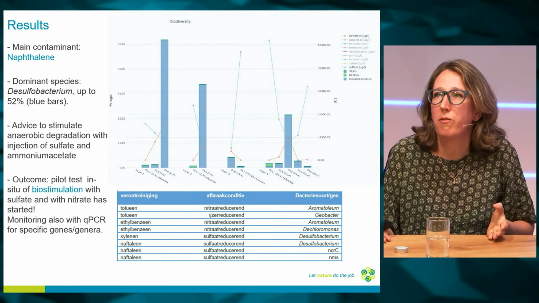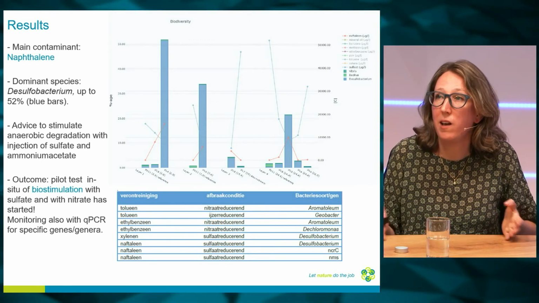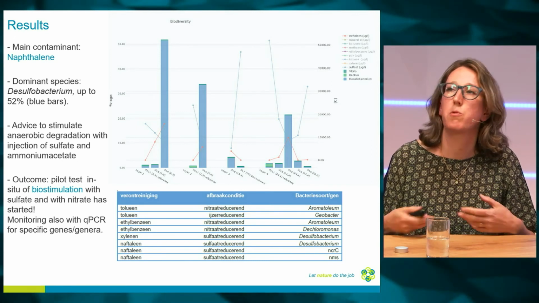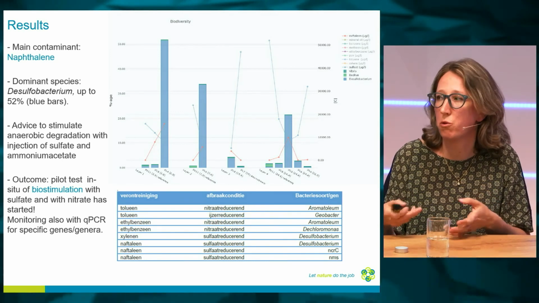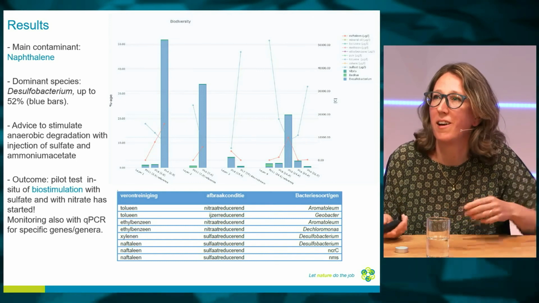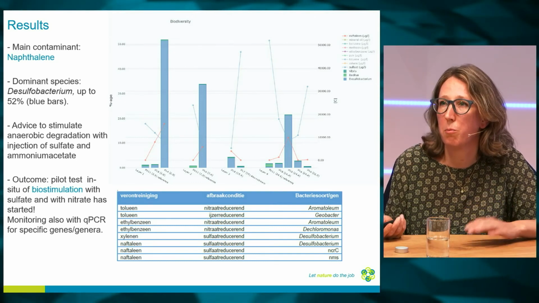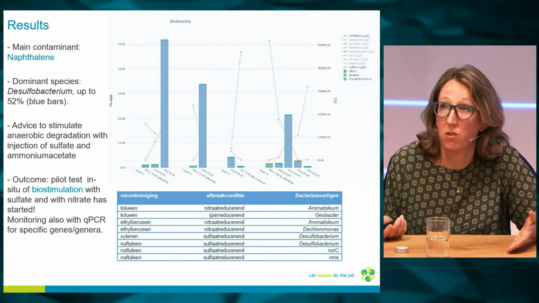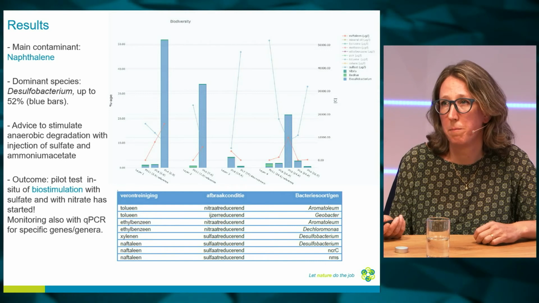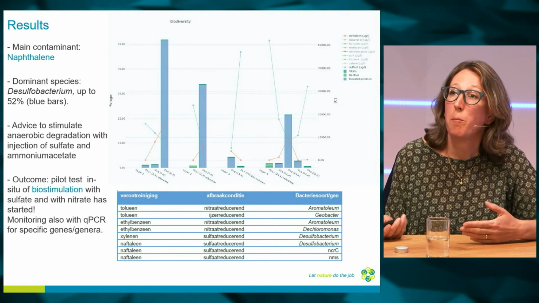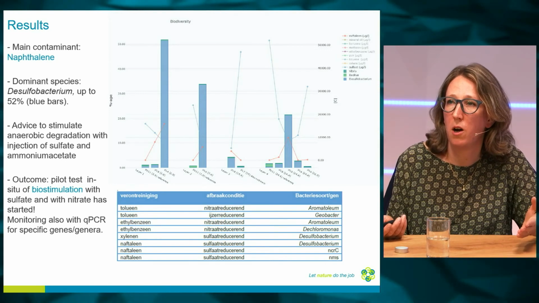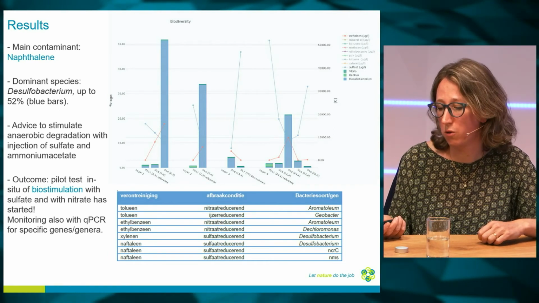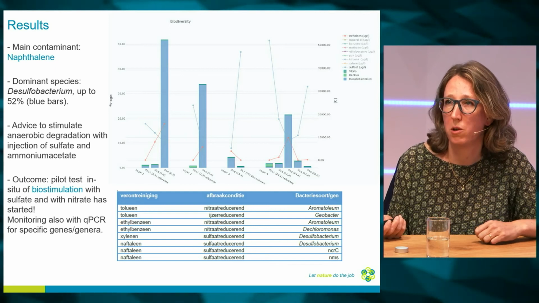So it's a very specific way in which we quite quickly can get a lot of data on the microbial composition at these sites, but really help the contractors and also the people determining what has to happen at this site, to see if this microbial degradation is a feasible option, and if it's not, if we can then stimulate it maybe to get degradation happening, but also to monitor using qPCR the organisms that we found to be of most importance at the site. So it's a very practical way of using genomics in practice.